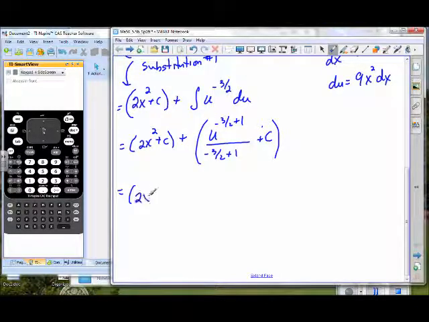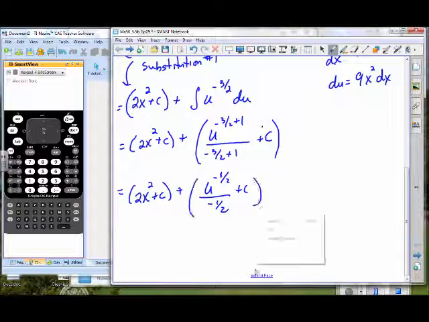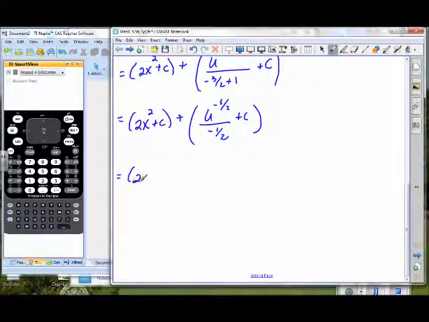So we'll do a little more work on this: 2x squared plus c plus, and then here we're going to have u to the negative 1/2 power, which makes our denominator negative 1/2, plus c. We'll keep working our algebra for this next step. Dividing by a fraction is, of course, multiplying by its reciprocal. And we can then move this term to our denominator to make a positive exponent, plus c.